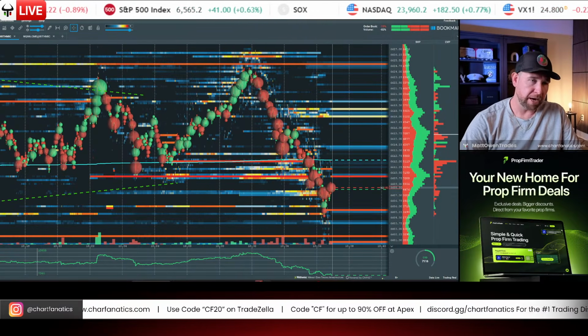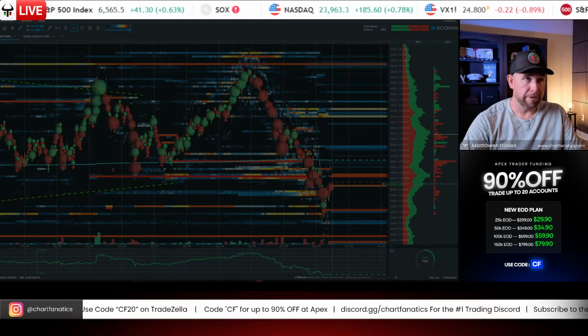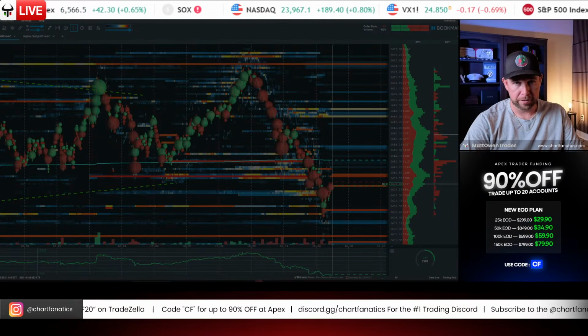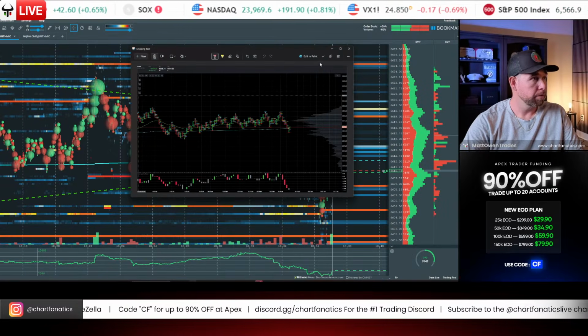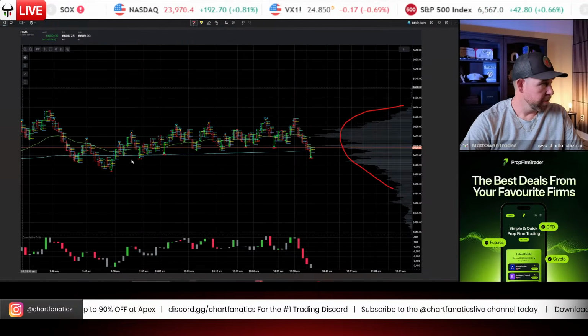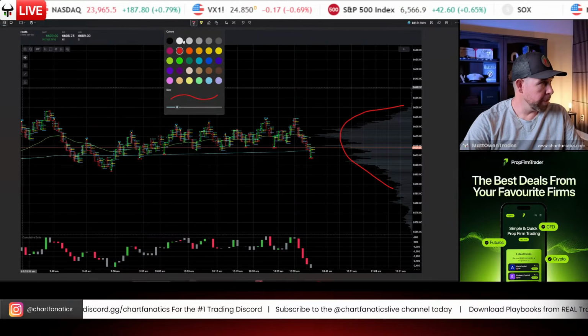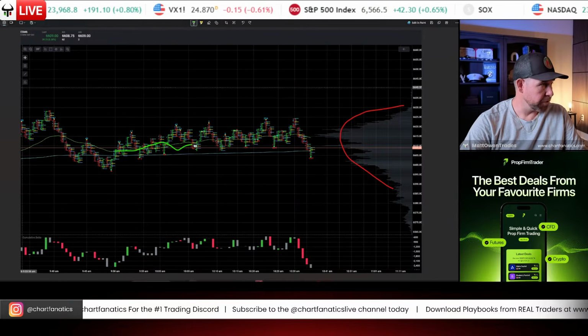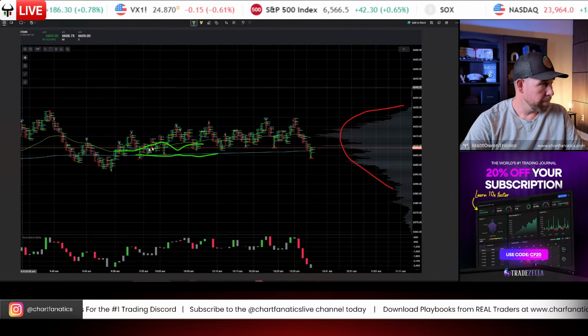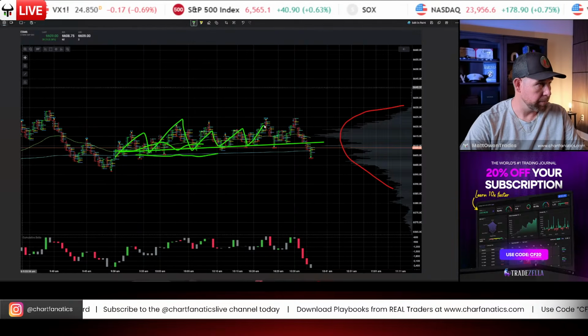This is another thing that I like to do, just to bear in mind, is on my footprint chart, I just kind of zoom all the way out like this. Take a look at the volume profile over here. Look at this 20 EMA, which is a good indicator of intraday control, and VWAP basically overlapped here, and the market's just chopping around them, right?